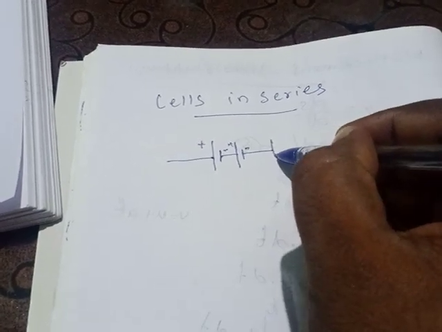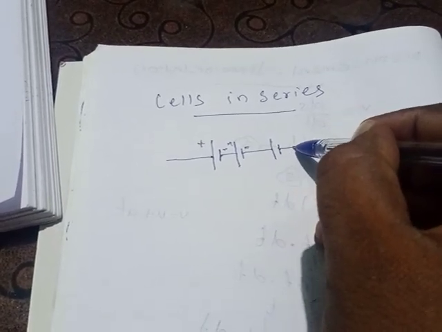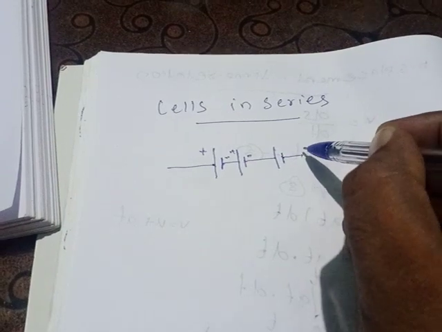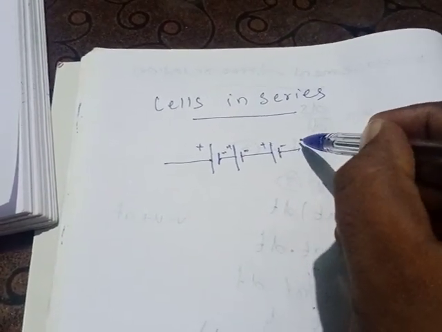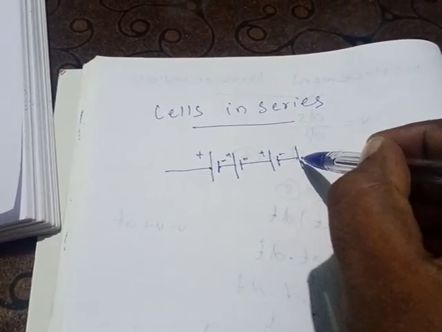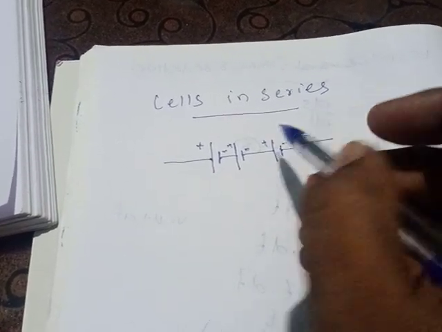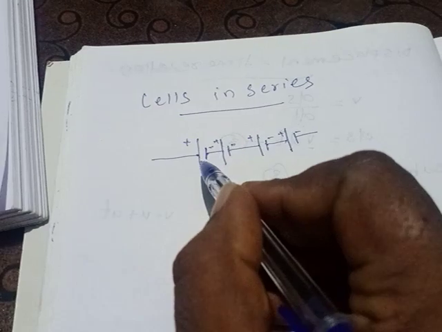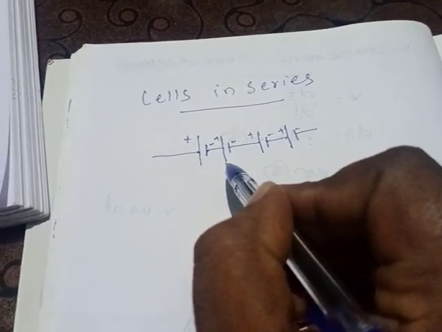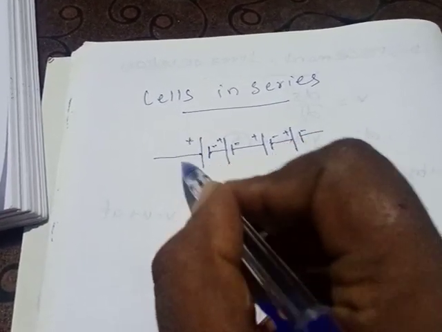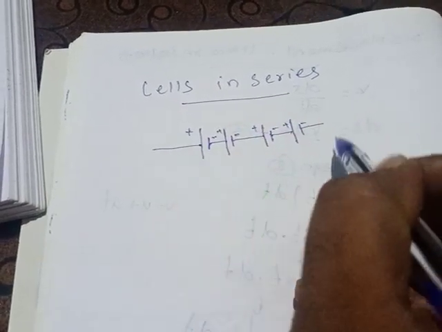Again I am connecting one cell along with this. Plus, minus. Again I am connecting one cell along with this. Plus, minus. Now you see four single cells connected, and now it is formed as a battery.